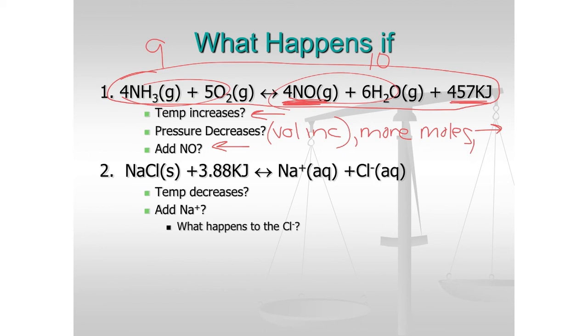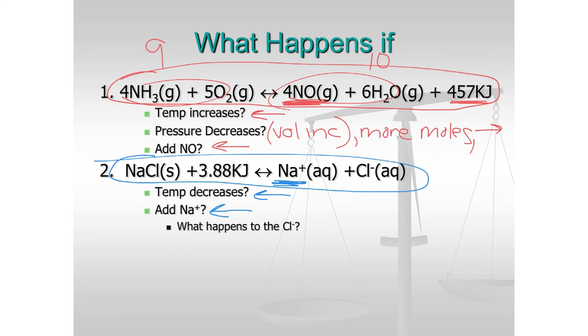All right, second one. Here is our equilibrium. If we decrease the temperature, my problem is I don't have enough heat, so I would do the reverse reaction, because that would produce some of that heat back. When you don't have enough, you move towards it. Okay, if we added sodium ion, which is over here, so too much sodium ion, the reverse reaction would occur. We would shift away from that.